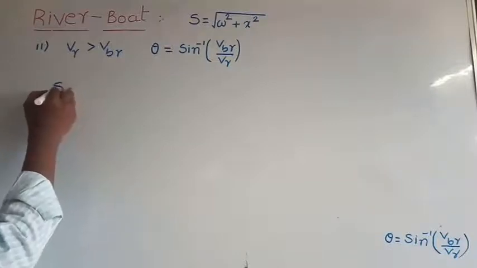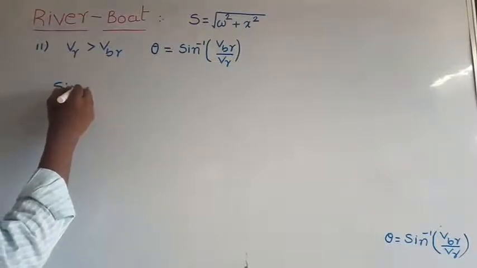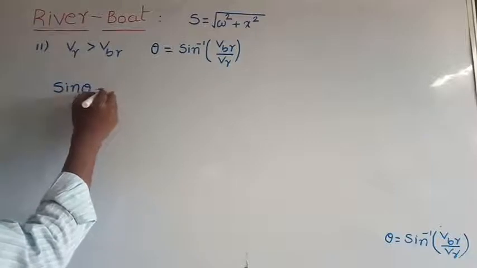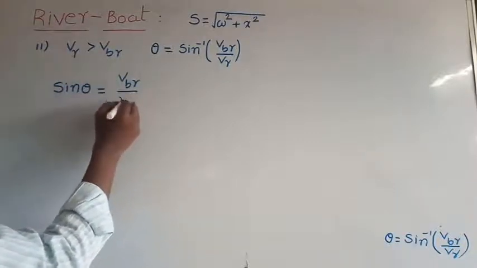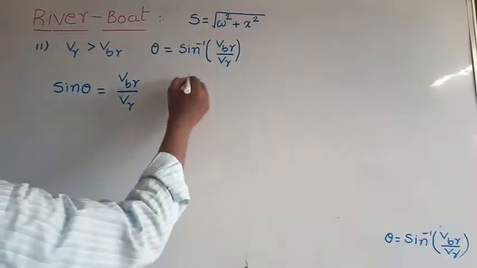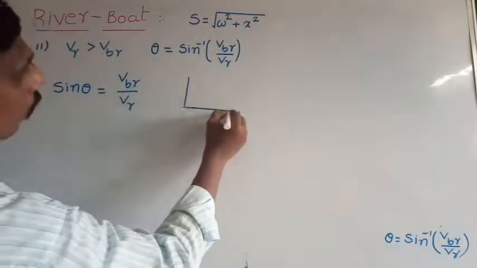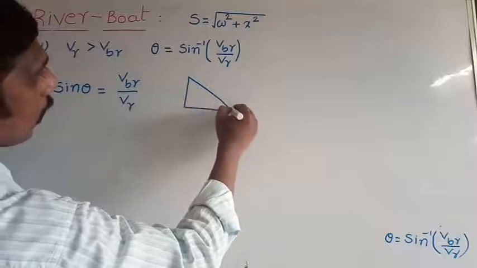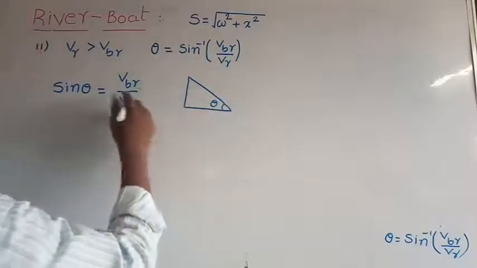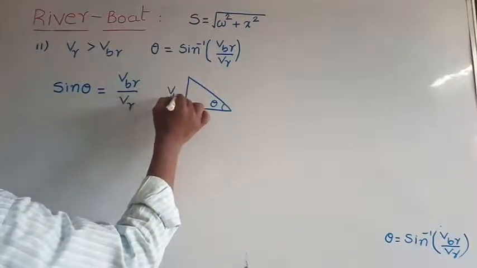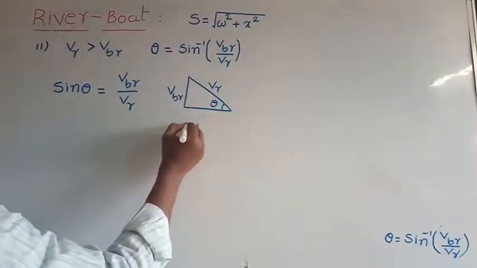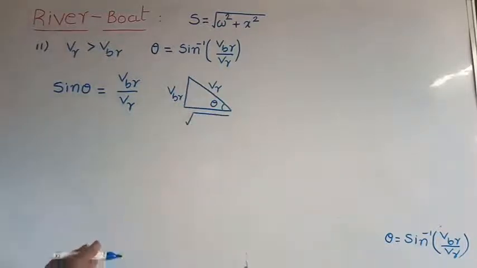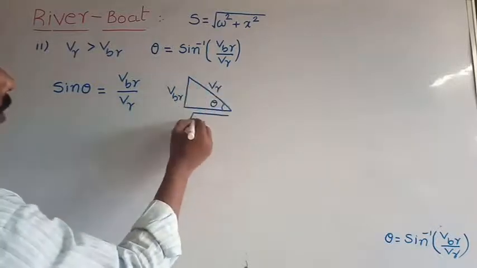So from this, first we should find cos theta value. So we know sin theta is equal to VBR by VR. Take one right angle triangle. You assume this is taken as a theta. Then VBR is opposite side. Sin theta is equal to opposite side by hypotenuse. Then adjacent side is equal to hypotenuse square minus opposite side square.